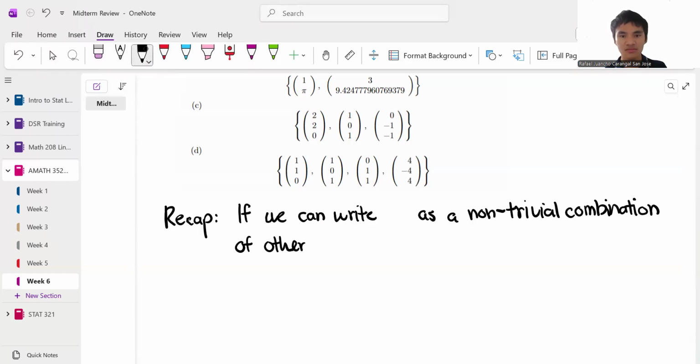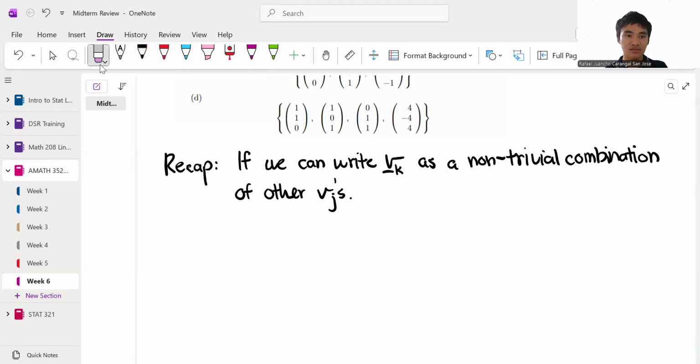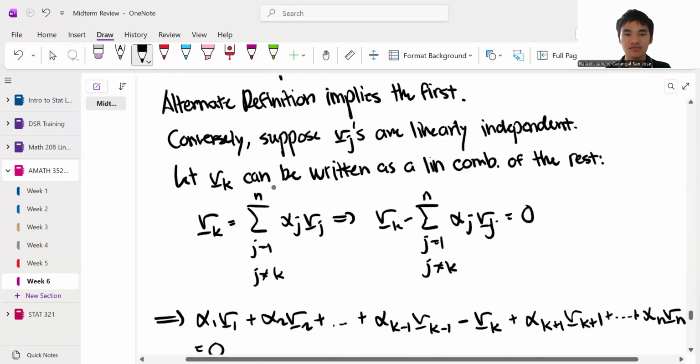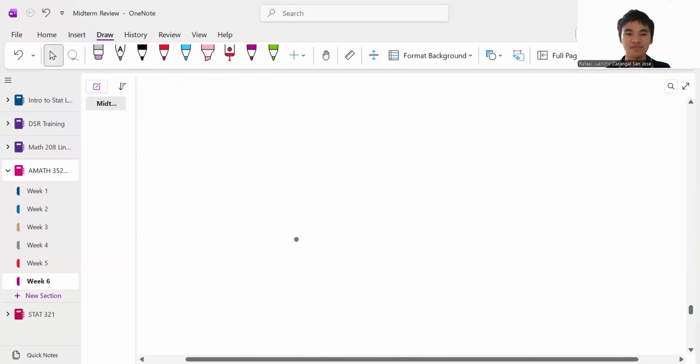There you go. Let me do VK here. Other VJs. Okay, here's where I do the VJs. If we can do that, then we say they are dependent, right? Or did I mix it up? I probably mixed it up. Oh, I can't see.